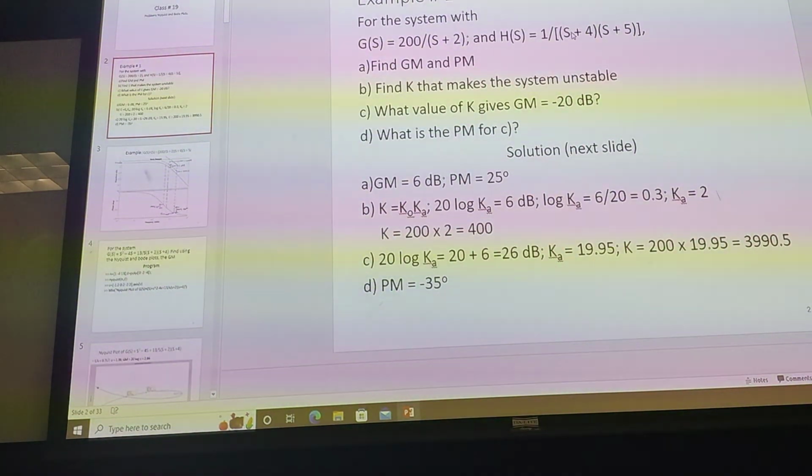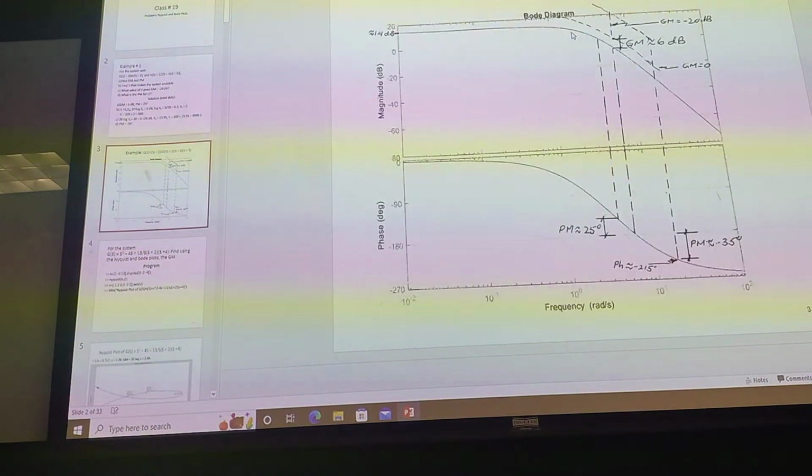So, what does the gain margin mean? It is the quantity that we need to increase the gain in order to move the system to the unstable position. So, we have to increase 6 dB to get this 6 dB.